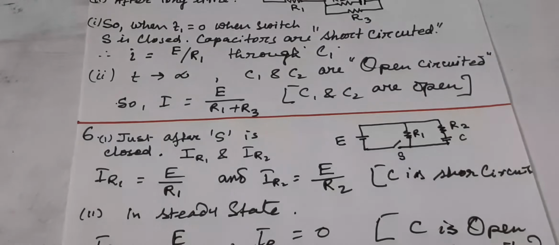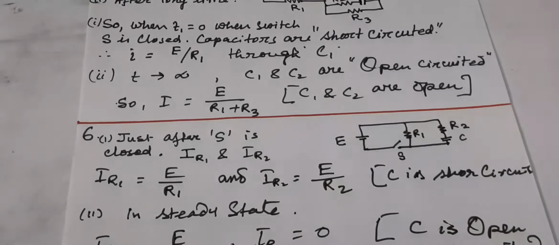When t equal to 0, C can be considered as short circuited, so current will flow through R2 also, that means I R2 will be E by R2, because potential drop will be the same for both the resistances.